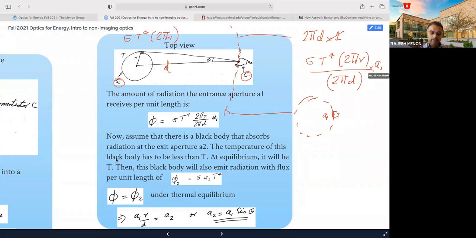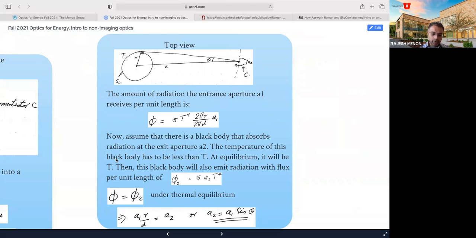So that's the fraction of the energy that I'm intercepting with the CPC. So that's how I get this expression. Okay, so again, I have a cylindrical black body. It's emitting light out, spread over a very big cylindrical surface, and I'm capturing a small portion of it with the CPC of input aperture A1. Okay, so far so good.